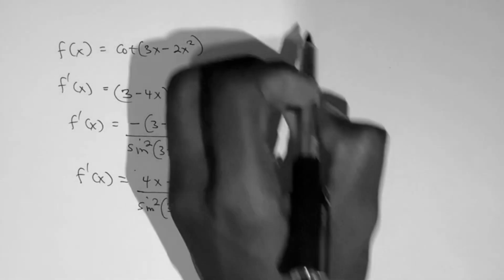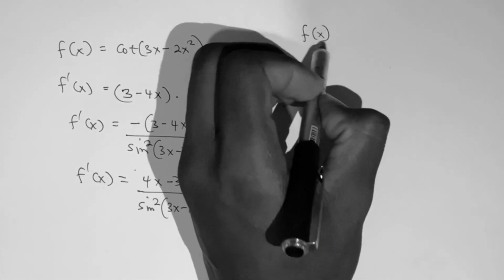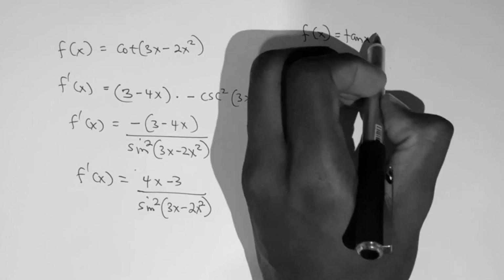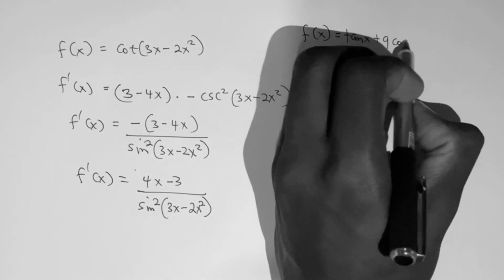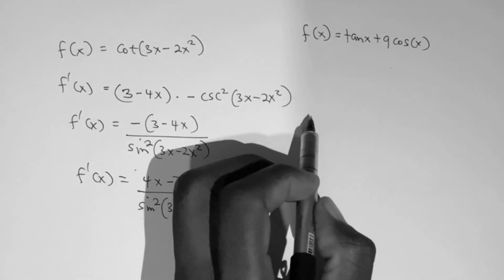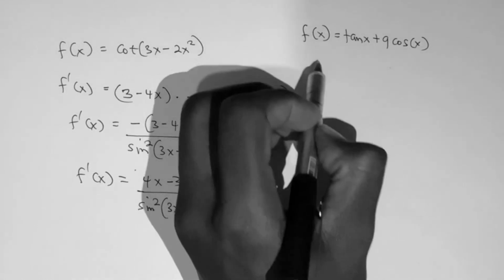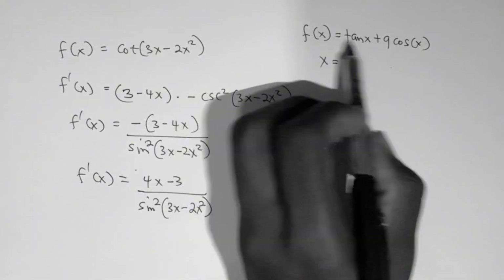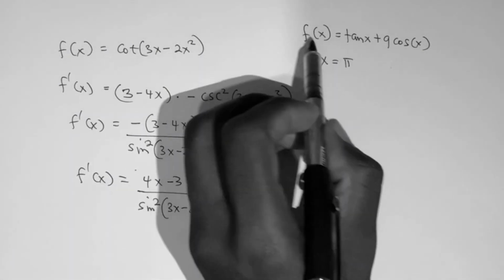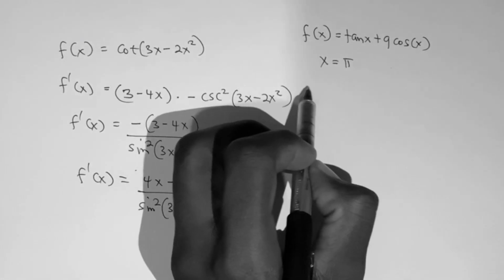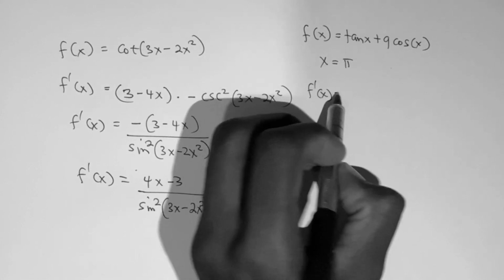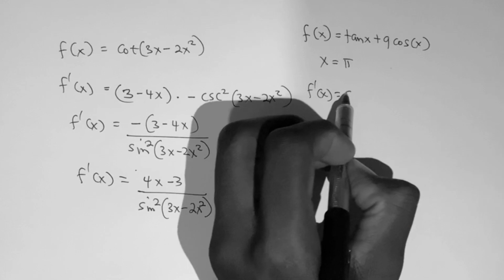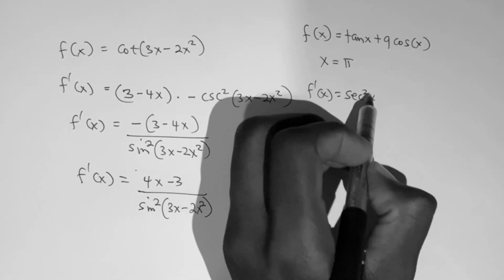Finally, if we have f of x equals tan x plus 9 cos x, what is the tangent at x equals pi? What's the tangent to this line? Assuming f of x is a line. So the tangent is the same as f prime of x, which is equal to, if you differentiate tan x, you will get sec squared x.